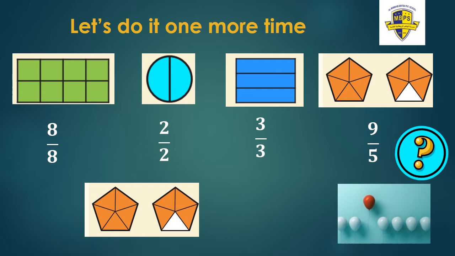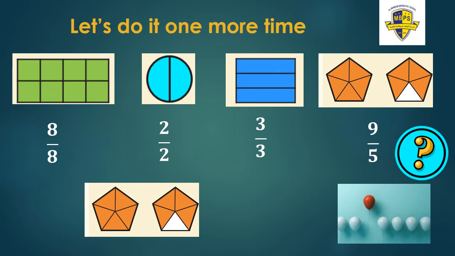Good. This is more than 1 because we have 1 that is already all of it shaded, and the second one only 4 parts. So actually this is more than 1. So this is a new type of fraction, where the numerator is greater than the denominator.